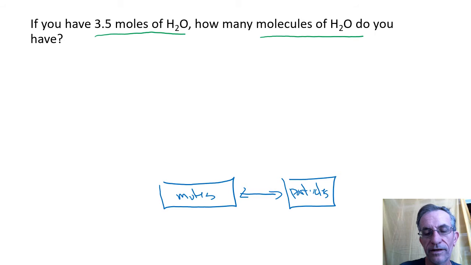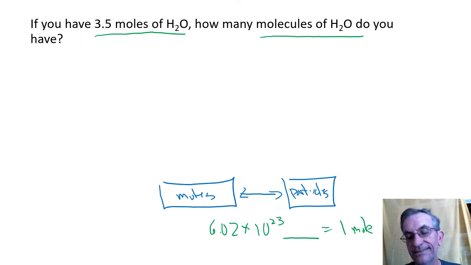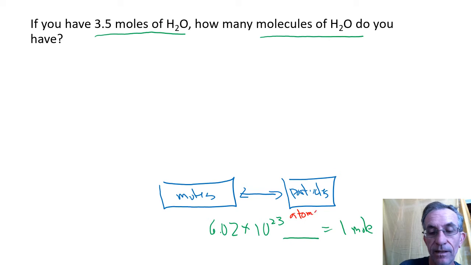Now, to be a little bit more exact, you could say 6.02 times 10 to the 23 of something is a mole. Now, the way that it works, again, is in that blank, we're going to write different words depending on what kind of thing we got. So it could be 6.02 times 10 to the 23 atoms. Could be 6.02 times 10 to the 23 molecules.